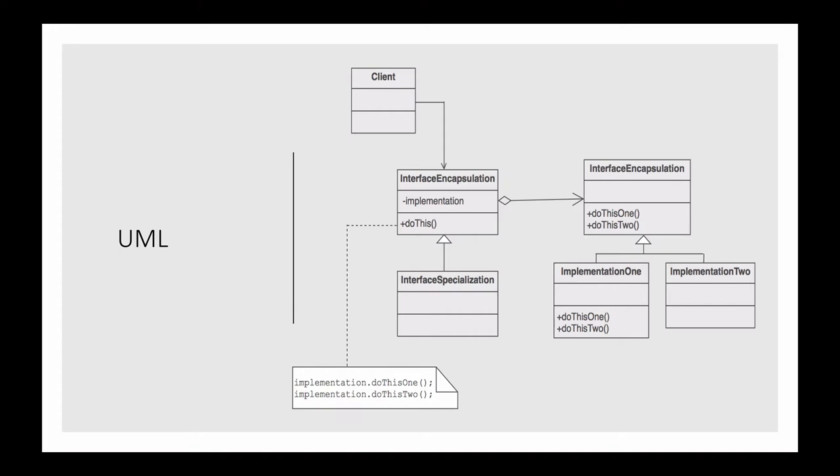So let's take a look at this example in a deeper way so that you understand the actual essence of this pattern. Okay, so if we compare this design pattern with the adapter design pattern, the adapter design pattern actually gives you a way to make things work after they are designed.